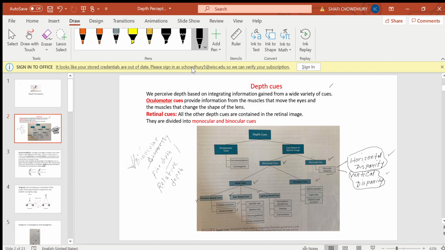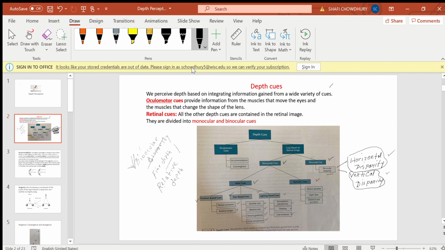Okay, those are position-based cues. Size-based cues include familiar size, relative size, texture gradient, and linear perspective. Then another static cue, that is the lighting-based cues like atmospheric perspective, shading, shadow. Those are the lighting-based cues.